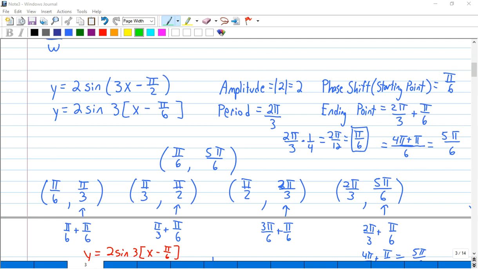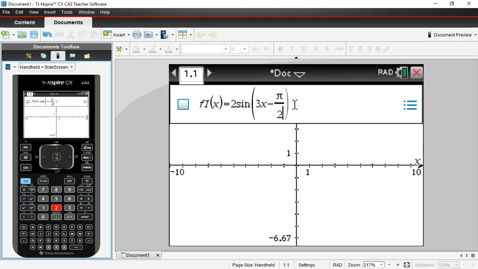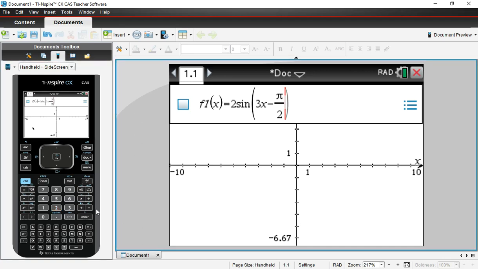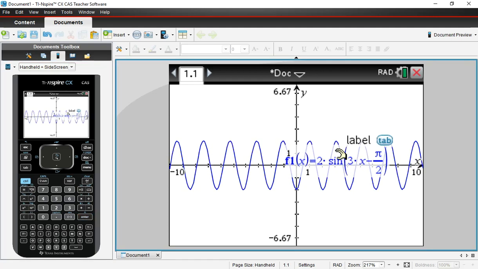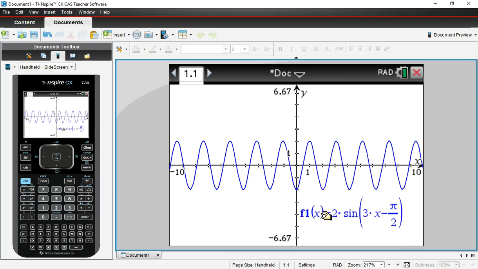So it's 2 sine of 3x minus pi over 2. It's not letting me, there it went.